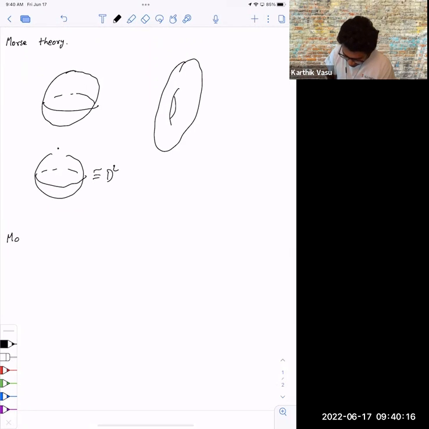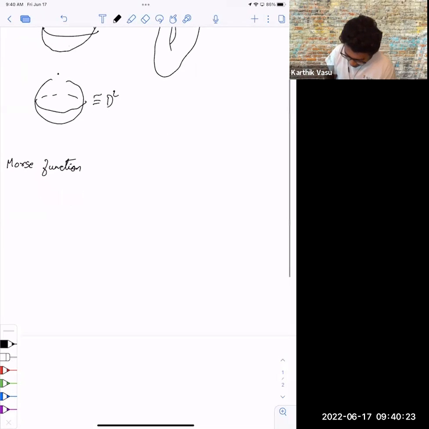what is a Morse function? So I will always deal with an n-dimensional closed manifold.